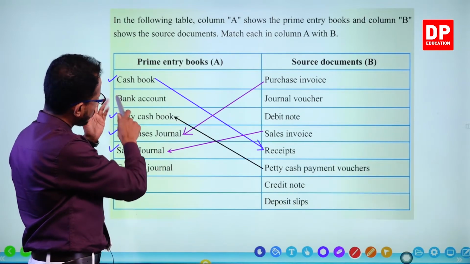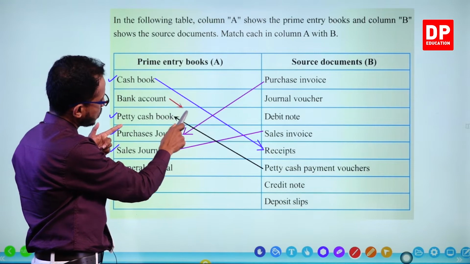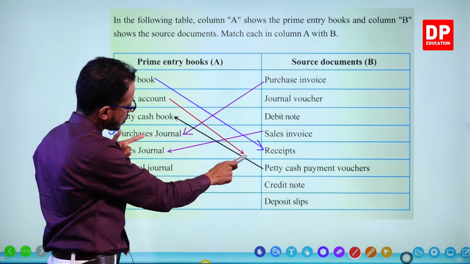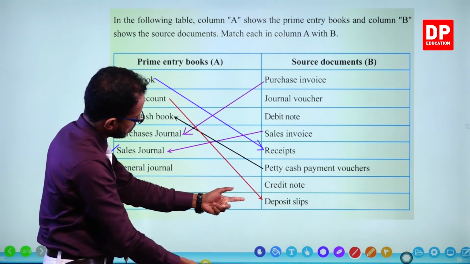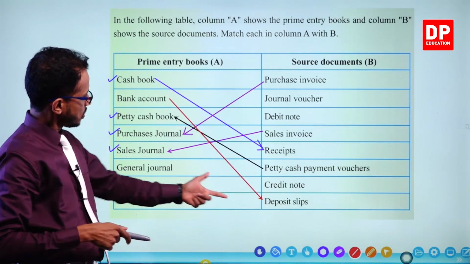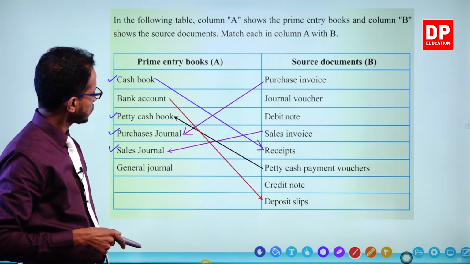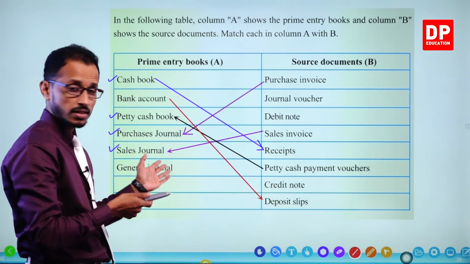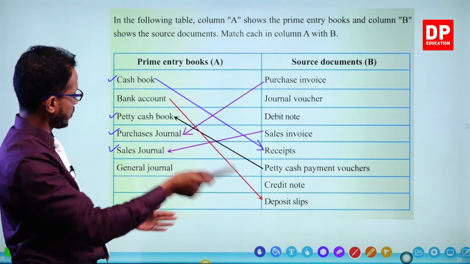Then for the bank account, the relevant source document is the deposit slip. Hope you can see this clearly. Is it confusing? Arrows going here and there, everywhere.